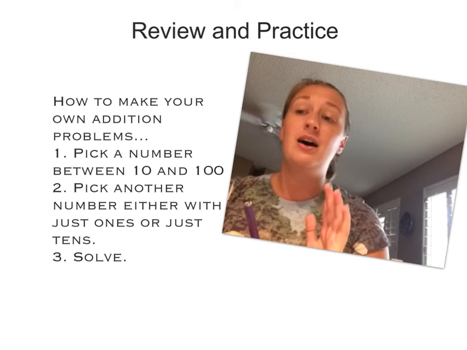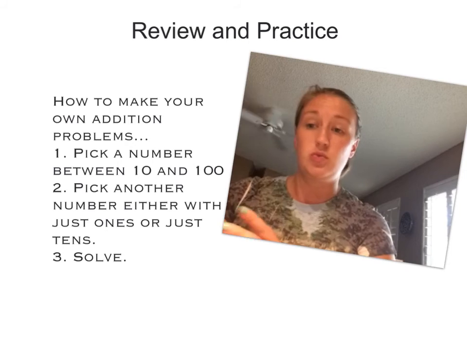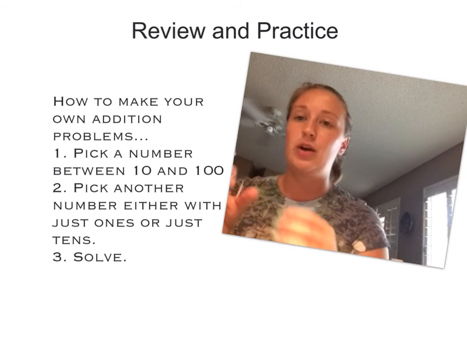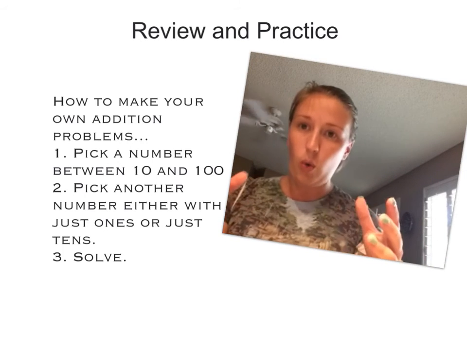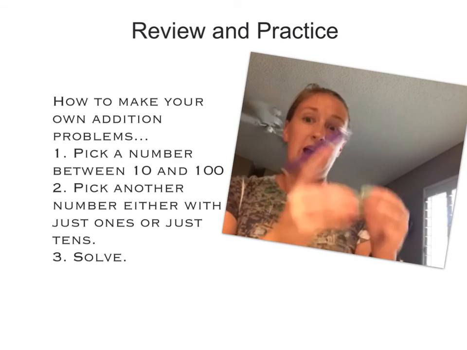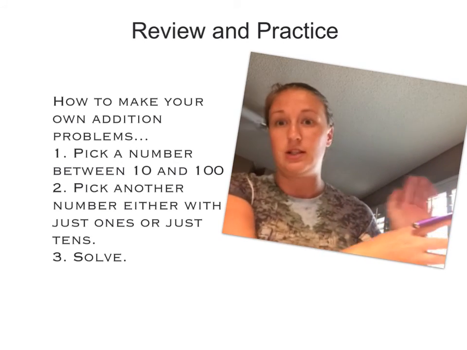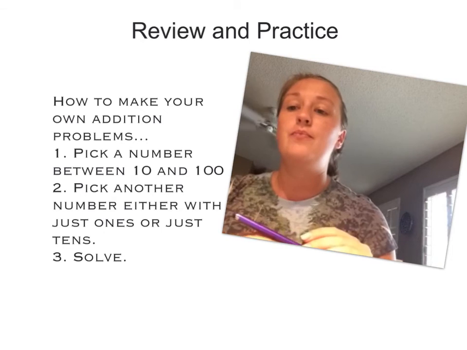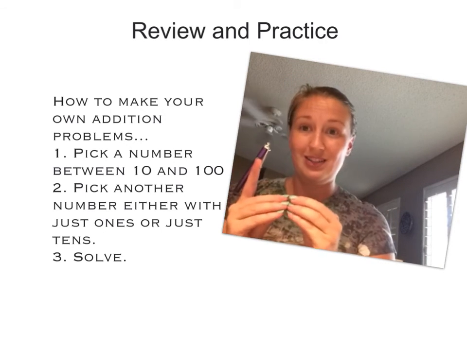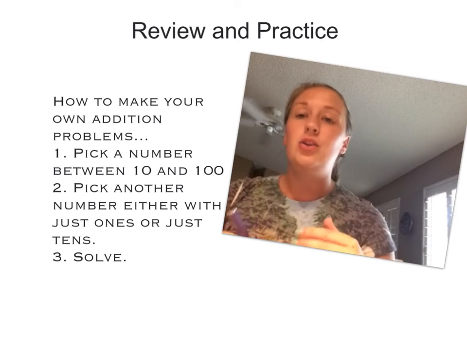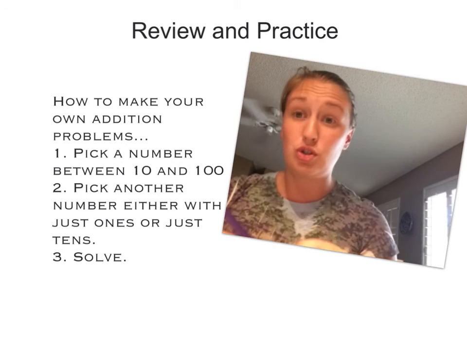Now, pick another number with either just ones or just tens. So that means from 0 to 9 or 10, 20, 30, 40, 50, 60, 70, 80, 90, 100. So you're counting by either those ones or those tens. And then use the appropriate strategy to solve.